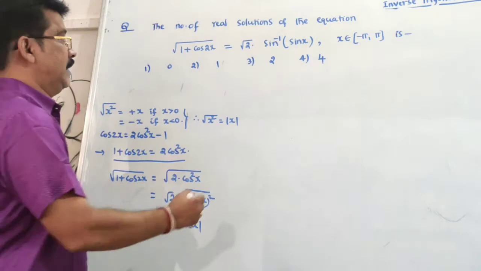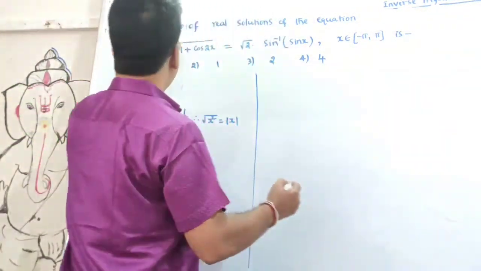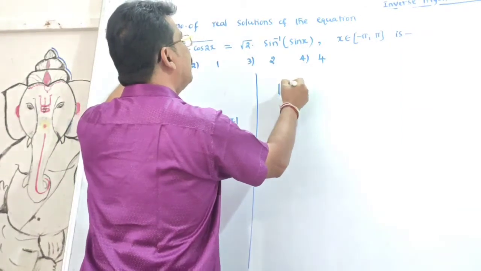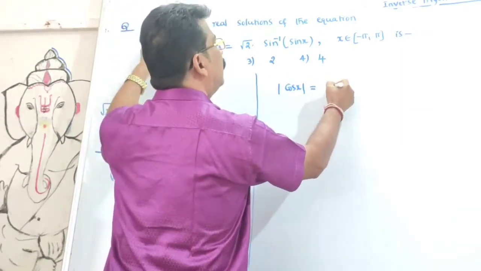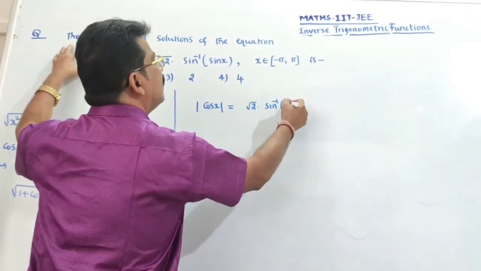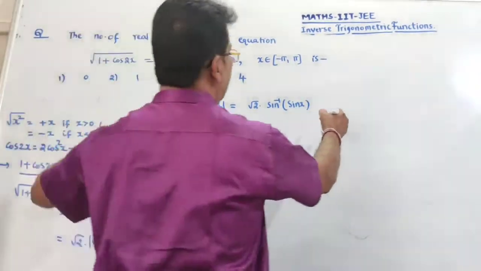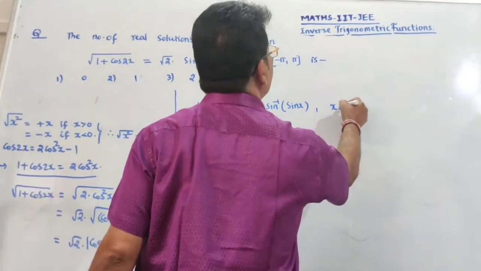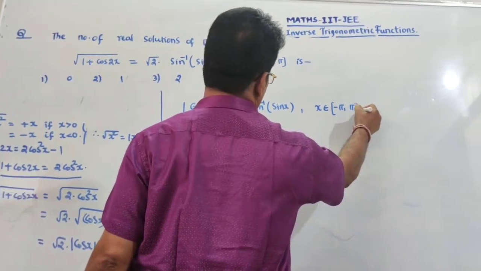So therefore the LHS is modulus of cos x, equal to root 2 into sin inverse of sin x, where x belongs to the closed interval of minus pi comma plus pi.